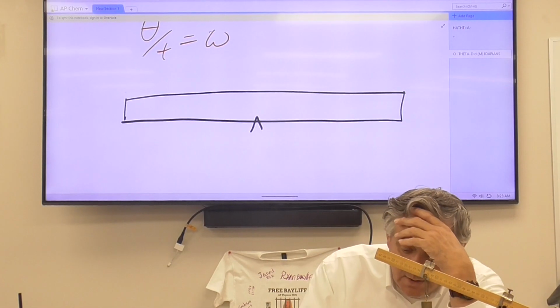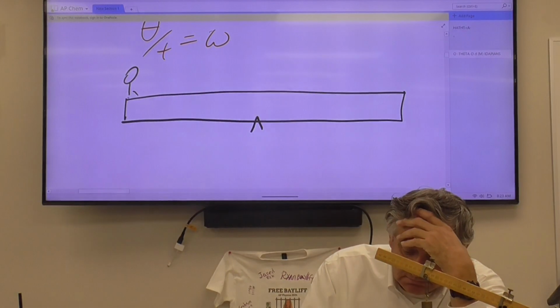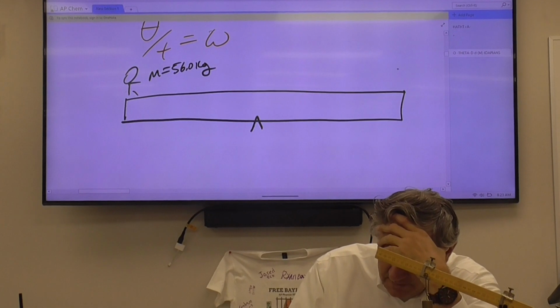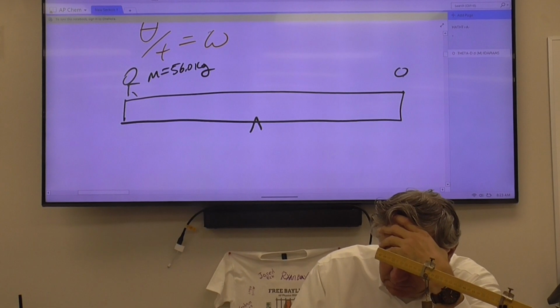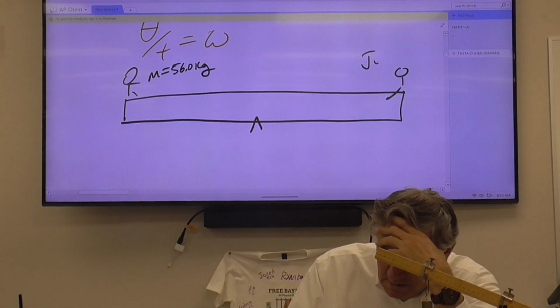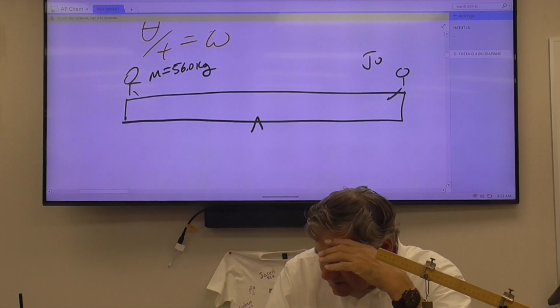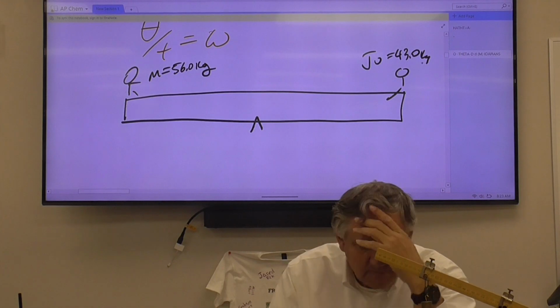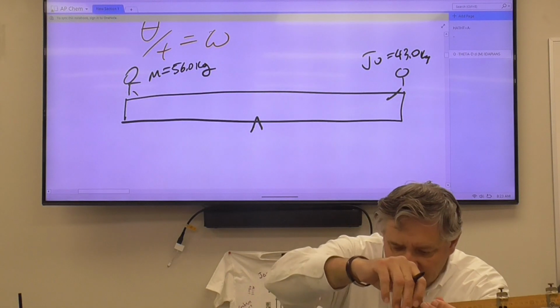So, let's say here's George, and George has a mass of 56 kilograms. And then you've got Joe over here. Joe has a mass of 43 kilograms. So, imagine this.